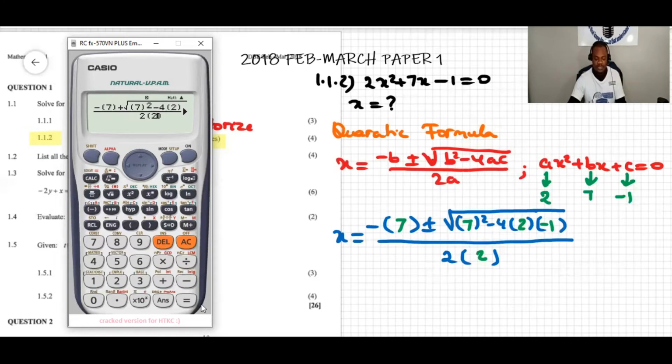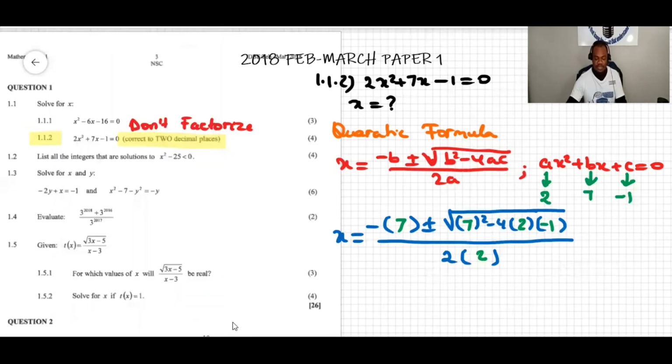Now when we press equal, we have this surd, because the square root of 57 cannot be simplified. So x is equal to (-7 ± √57) / 4.